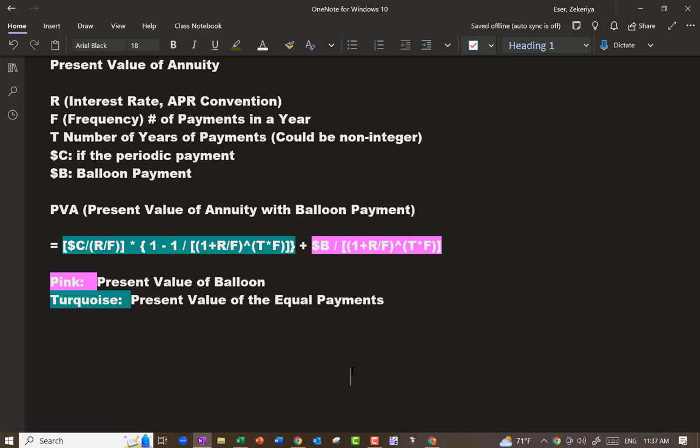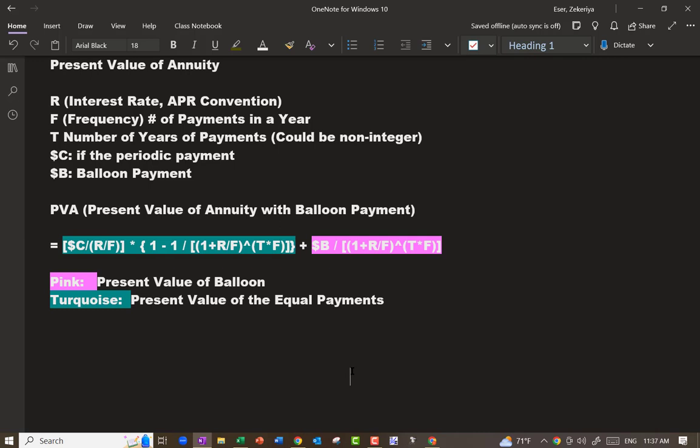That means 1 plus whatever is going to be raised to the power T, not T times F as you want it. Okay? It's not that big of a problem to be careful about it and do it, but we're civilized people. If I don't have to do it, why should I do it?